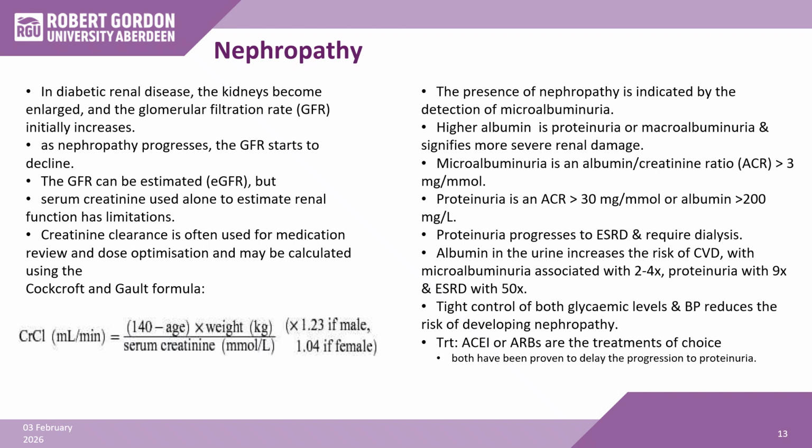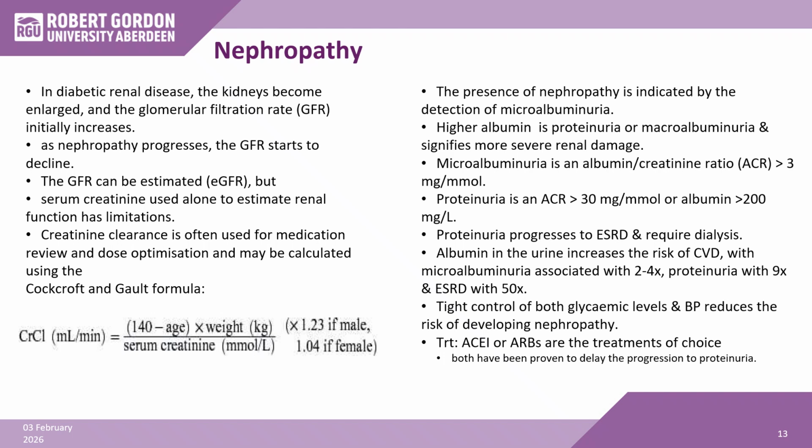So the presence of nephropathy is indicated by detection of microalbuminuria. Okay, high albumin is proteinuria or macroalbuminuria and signifies more severe renal damage. And we have microalbuminuria, which is an albumin creatinine ratio, so ACR, of above 3 milligrams per millimole, whereas proteinuria is an ACR of 30 milligrams per millimole or an albumin of 200 milligrams per liter.